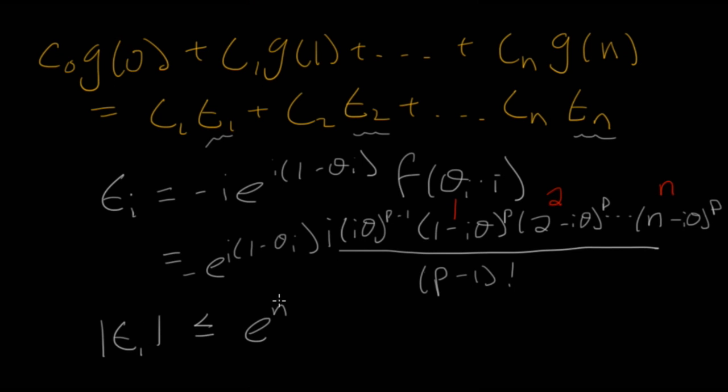So we can say that this whole thing is going to be less than n factorial to the p, right, because 1 times 2 times 3 all the way times n to the power of p, all divided by p minus 1 factorial. And I almost forgot this part, but n is obviously going to be bigger than this, so we can just say times n to the p.